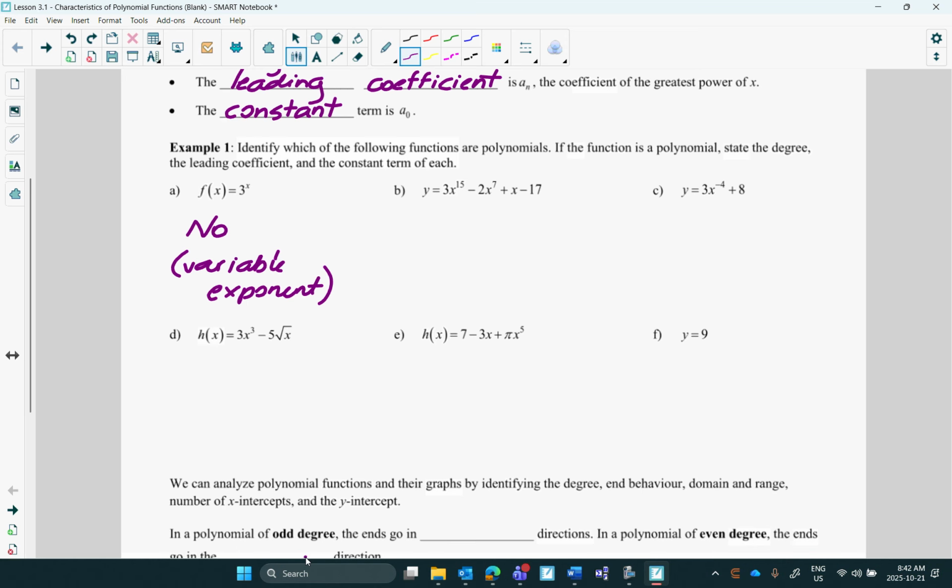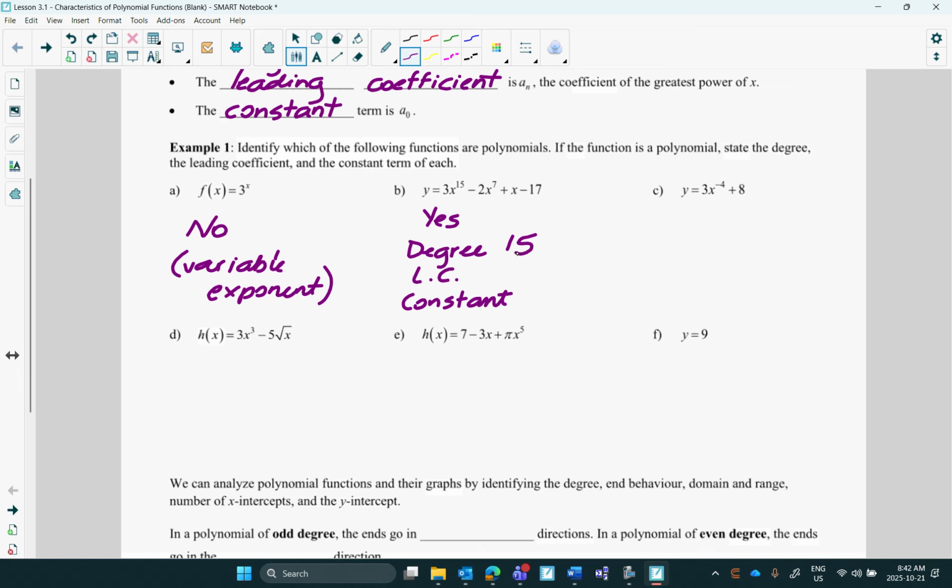How about the next one? What do you think? Look at the exponents. Are they all whole numbers? Yes. So we can then state the degree, and I'll just put LC for leading coefficient, and constant. What's the degree? 15.